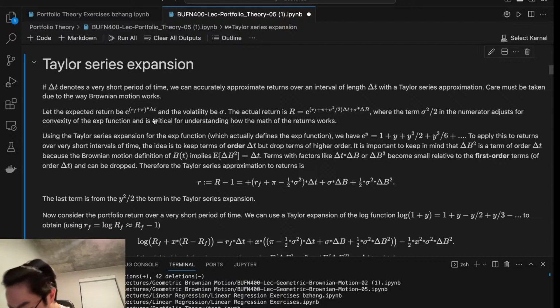Plus 1 minus alpha plus alpha times RF plus pi minus 1/2 sigma squared delta t plus sigma, e raised to the expectation of the Brownian motion times delta t.